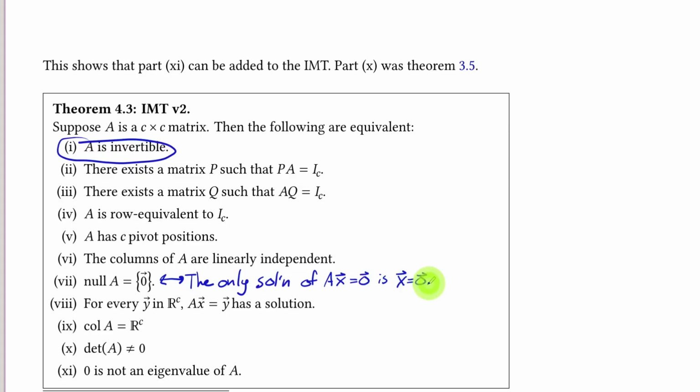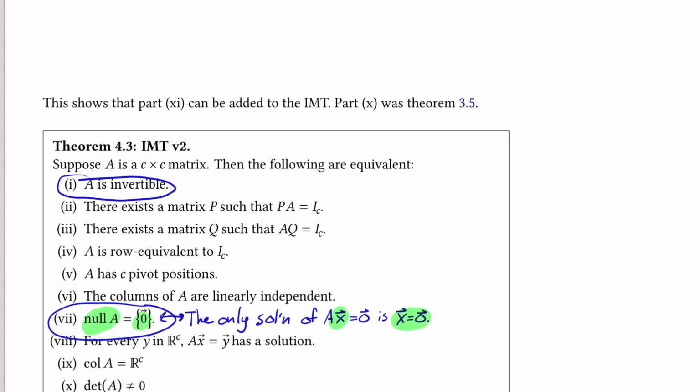Because the null space is the solution set of this, the set of x's that make this work. And if it's only 0, that means the columns of A are linearly independent, and it means A is invertible. Okay, but if these are equivalent, it means if one of them is true, the other one is true, and if one of them is false, the other one is false.